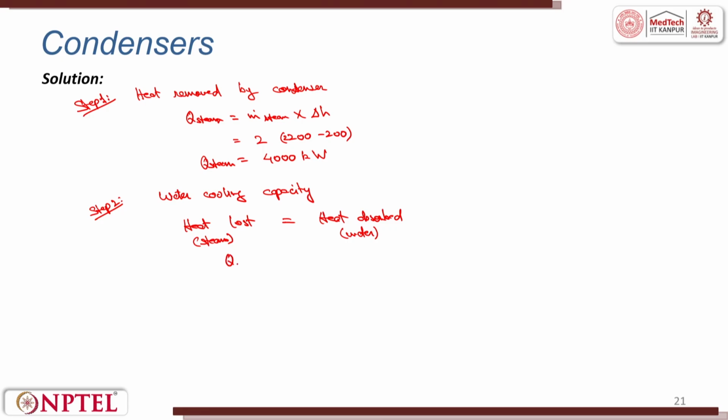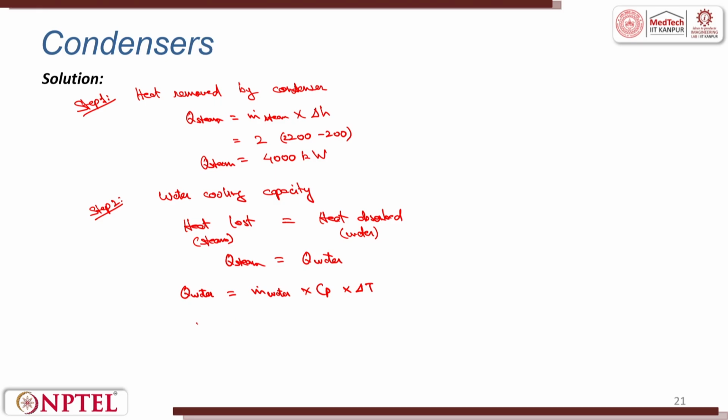Therefore, Q steam is equal to Q water, and we know Q water is equal to mass flow rate of water times Cp, that is specific heat of water here, times the temperature gradient.